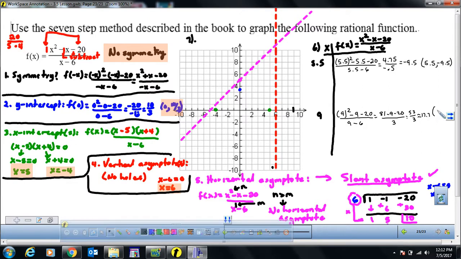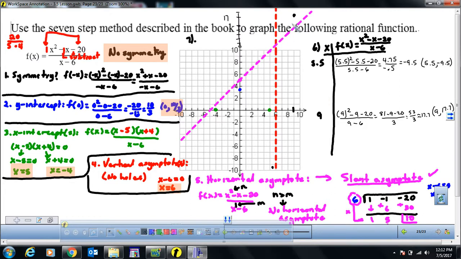That means that when x is 9, y is approximately 17.7. Let's say this is 17. So 11, 12, 13, 14, 15, 16, 17, and then 18. So 9 and 17.7 is going to be somewhere over here.